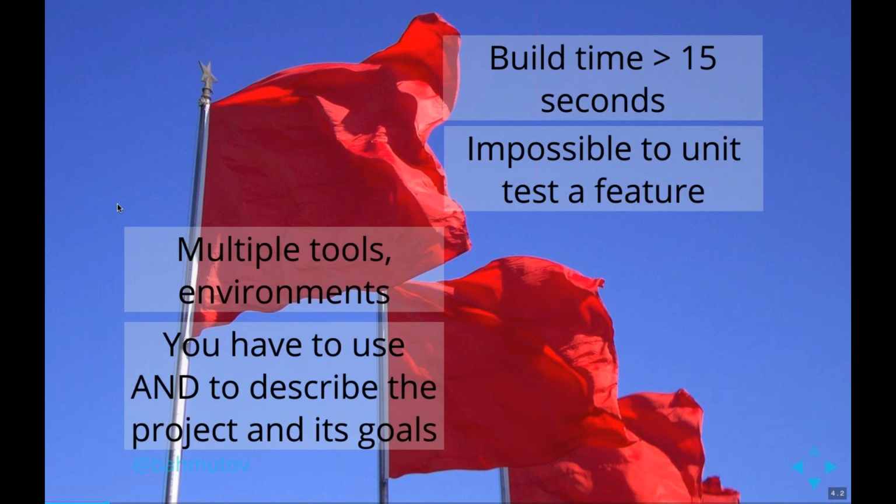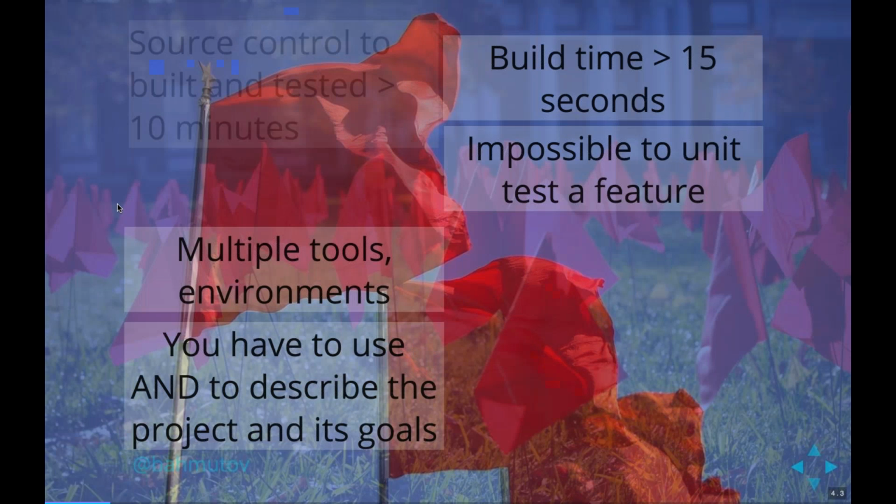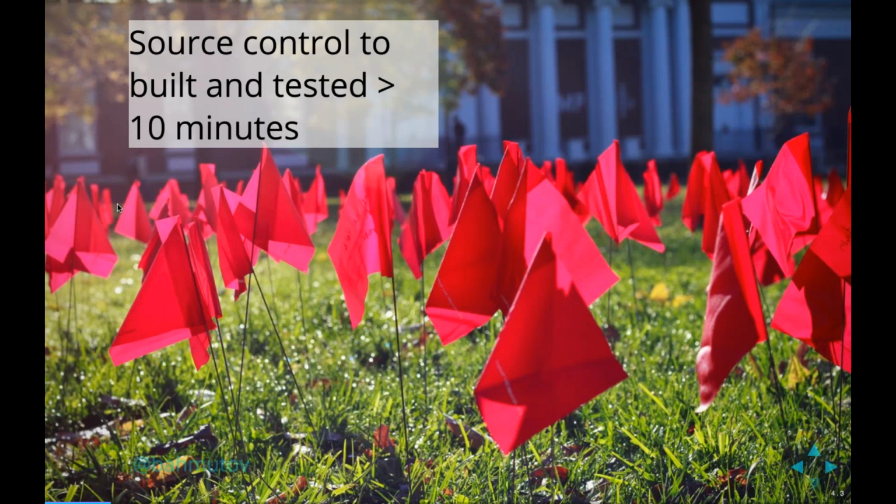And finally, kind of semantic. If you're trying to describe the project and you have to use the word "and" a lot, then that means the project scope is probably too large. It's a red flag that maybe things should be split and separated. Often people have to get the source, build it, and test it. And if that process takes a long time, that's a red flag in my book.